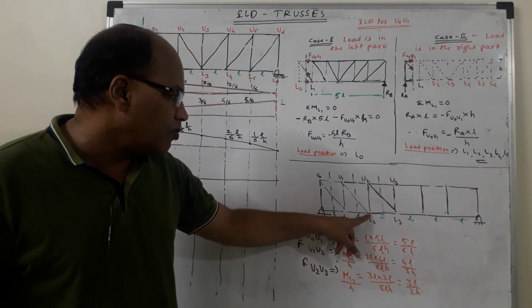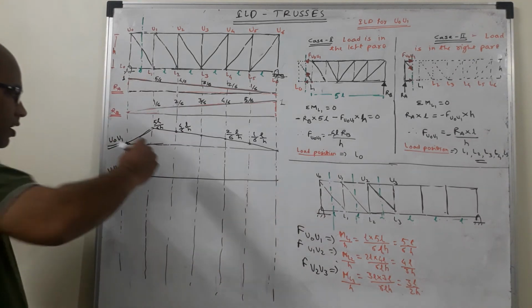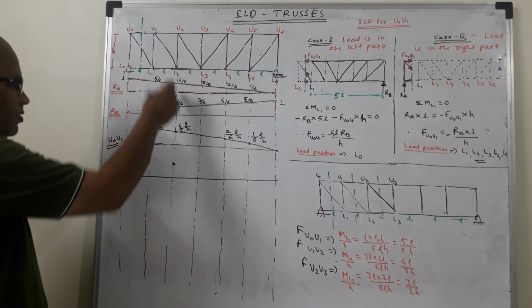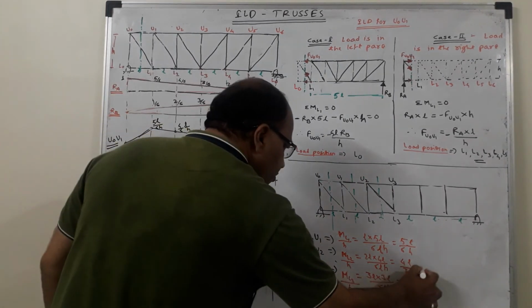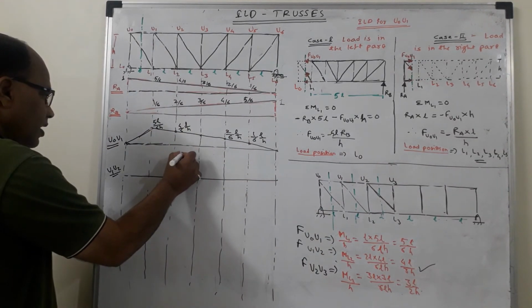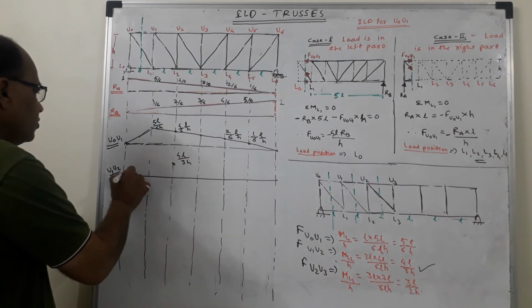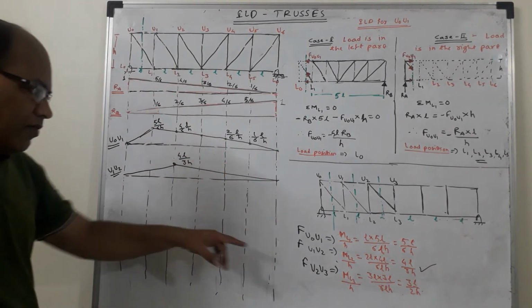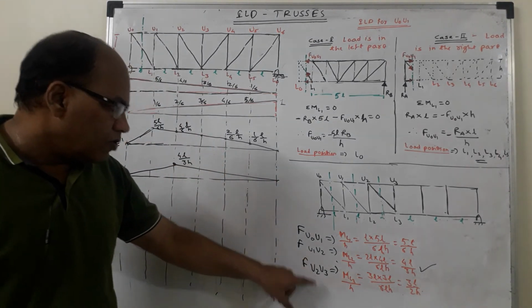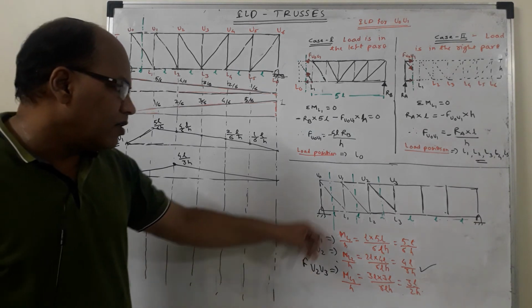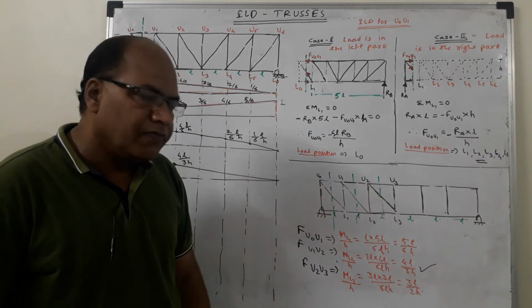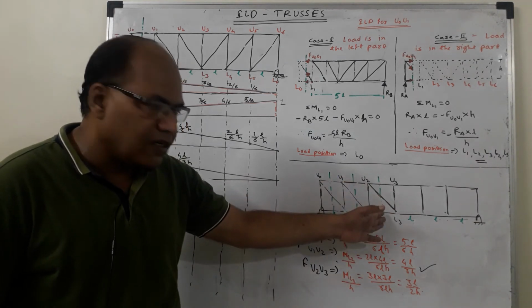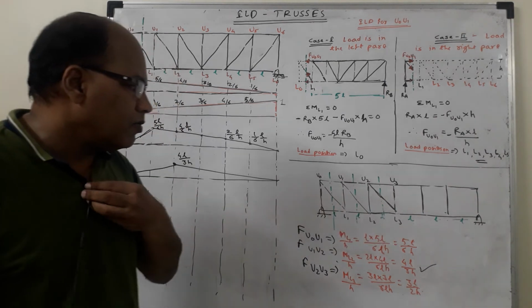We have taken the moment about L2, and that is why at this position, below L2, you will have to write this value 4L divided by 3H. Join these two positions, and this will be the ILD for U1, U2. In order to get the ILD for the force in U2, U3, pass a section like this and take a moment about L3.